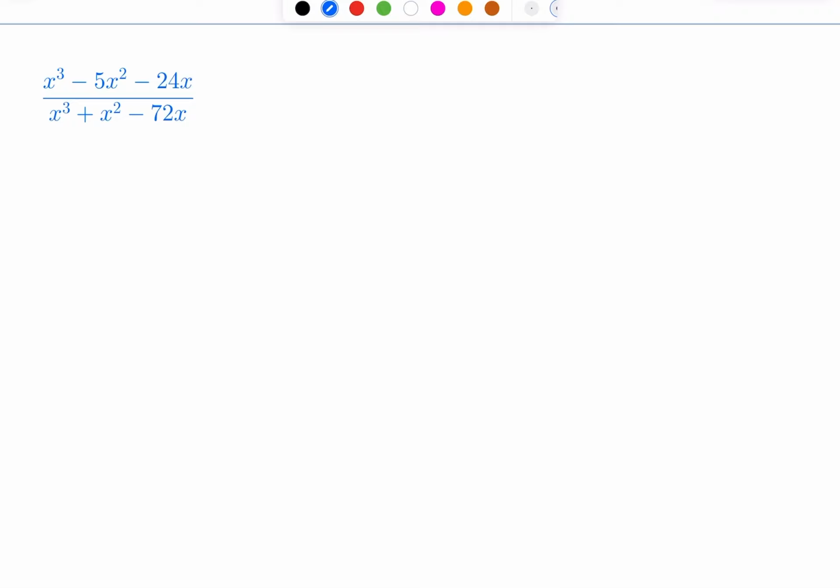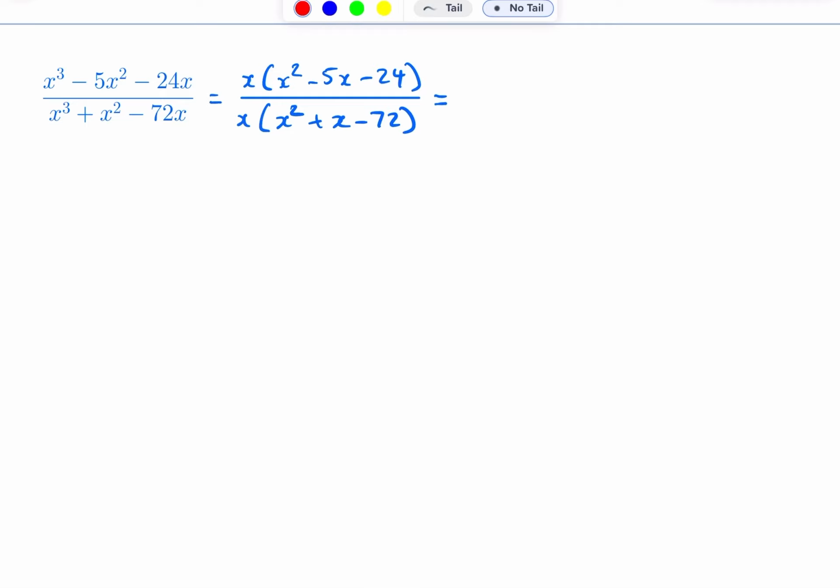So if we go ahead and factor out the x's, in the numerator we get x squared minus 5x minus 24. And then the denominator, same thing, we factor out an x, and we're left with x squared plus x minus 72. Okay, so now at this point, you should recognize that the polynomial inside the parentheses is factorable.